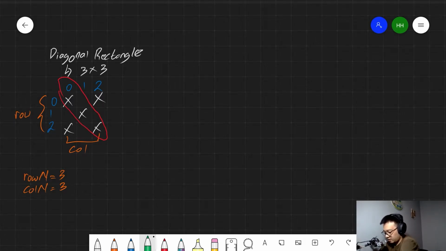If your row is equal to 0 and your column equals 0, you will print X. I mark it with the green color, right? Whenever your row equals 2 and your column equals 2, you print X. So you got the idea?